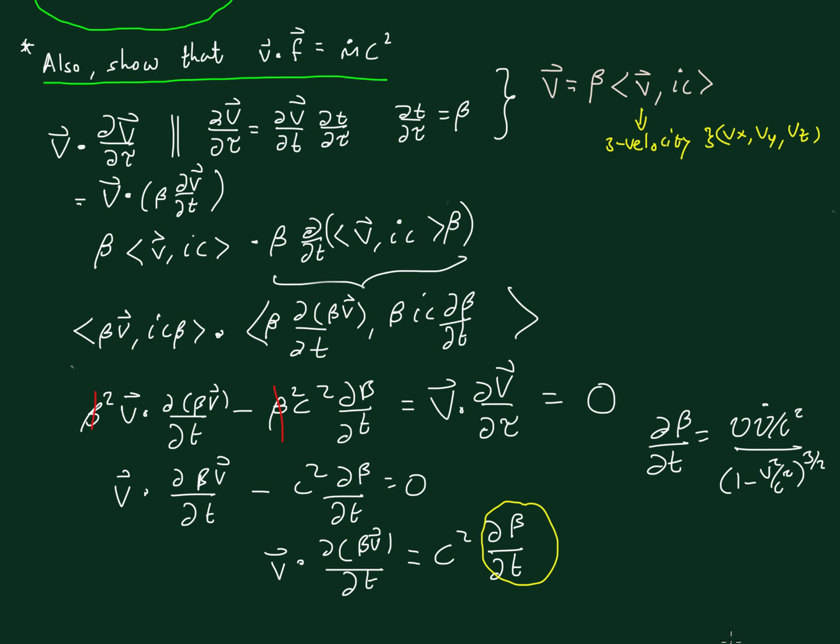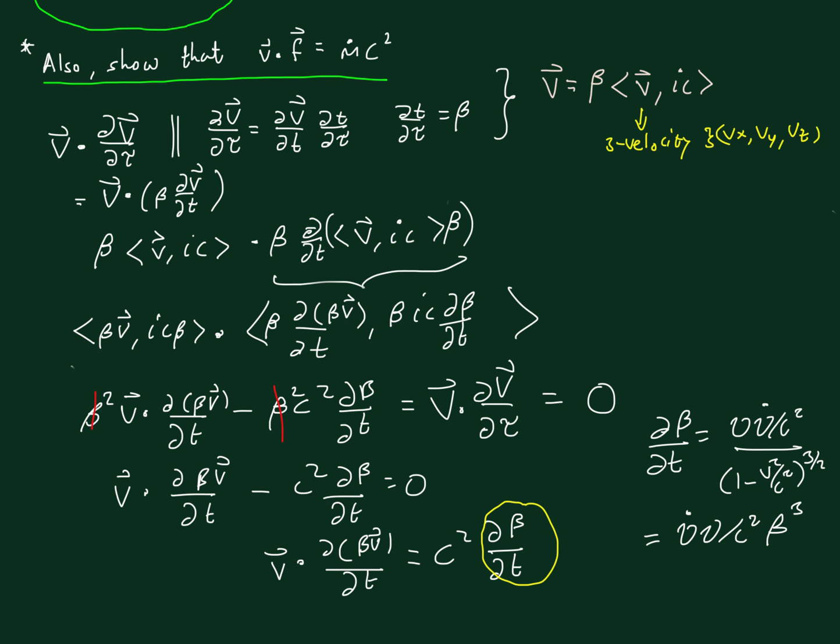We can write this as v v dot over c squared multiplied by beta cubed, where beta cubed is the 1 over (1 minus v squared over c squared) to the power of 3/2 term.